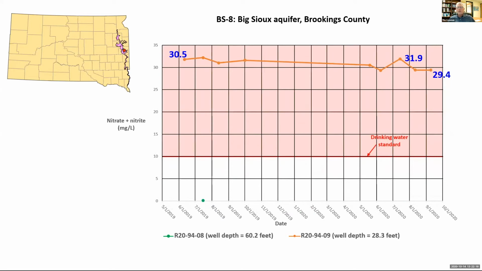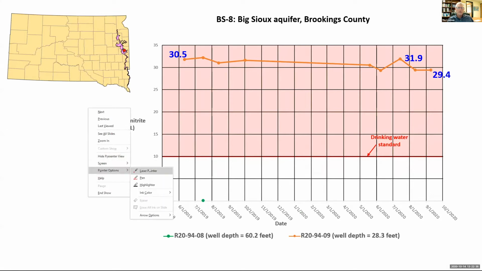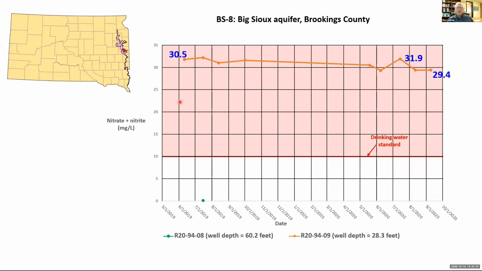And what we found, if we look at this, you can see the samples that we took in June, July, August, and September of 2019. Turn on my laser pointer here. So here you can see there's a dot everywhere we took a sample in 2019. There really was no fluctuation.